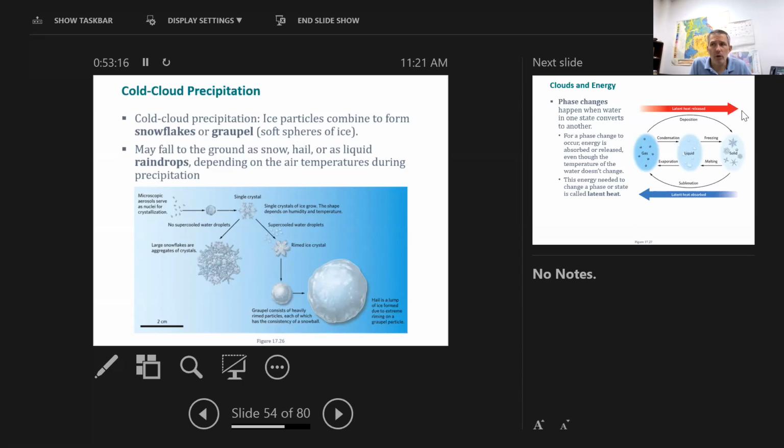Single crystals allow water droplets to condense onto them, but these crystals become larger and larger to create aggregates of snowflakes. In the case of hail, the air is getting pushed back up, and so these ice particles are going to have more and more sequences of this air getting blown back up.